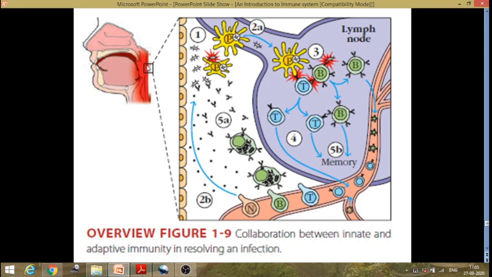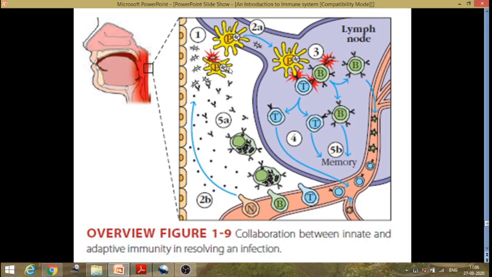You can see that, in the first step, the bacteria has breached the mucosal lining and entered into the epithelia. Within the epithelium reside resident phagocytic cells. These phagocytic cells trap bacteria, engulf them, and break them into pieces.